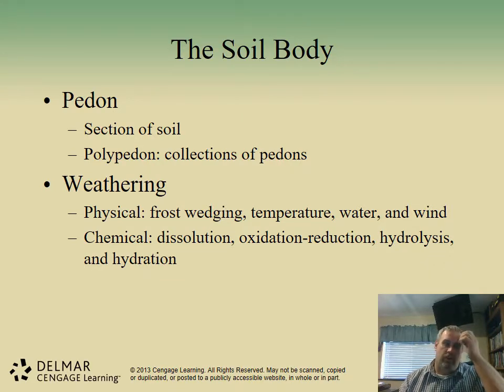So when we're looking first at physical characteristics, these are things that are happening that are basically a natural occurrence or a human interaction. Something called frost wedging is when you have a rock that has holes or cracks, and water will get down into these holes or cracks.